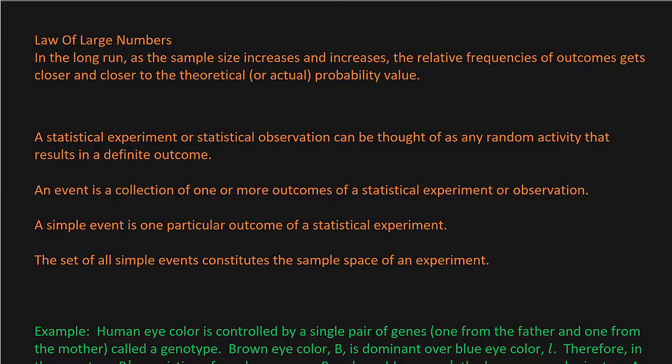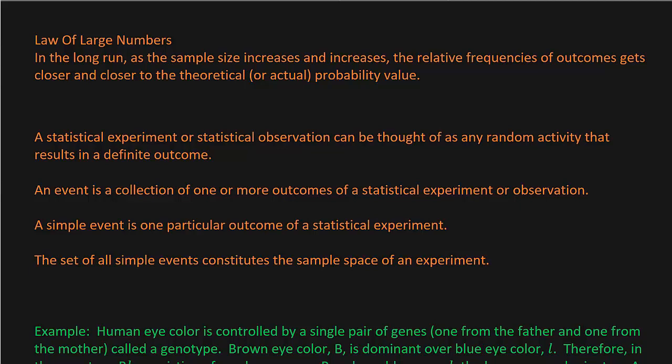All right, so let's see what else we got. It says a statistical experiment or statistical observation can be thought of as any random activity that results in a definite outcome. So, a statistical experiment is just like flipping a coin.